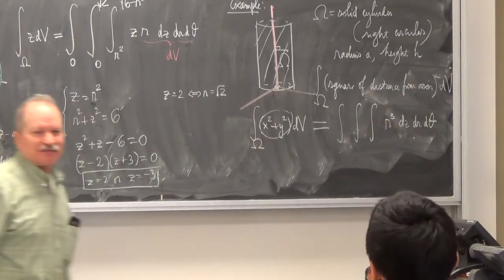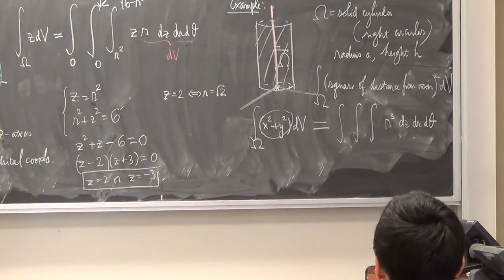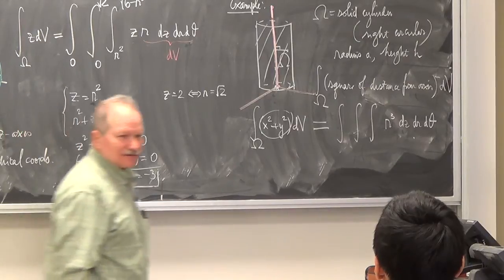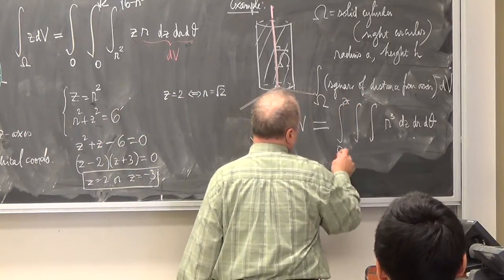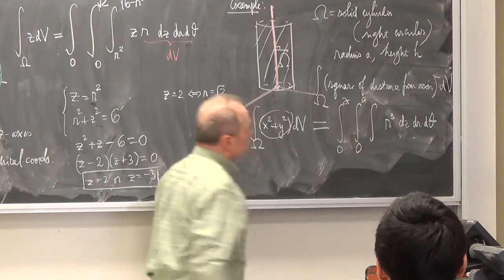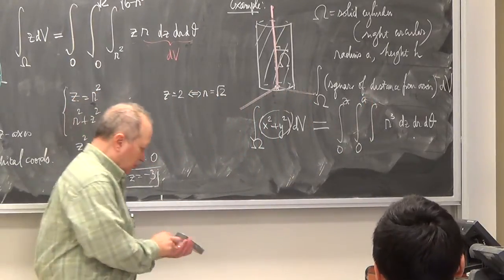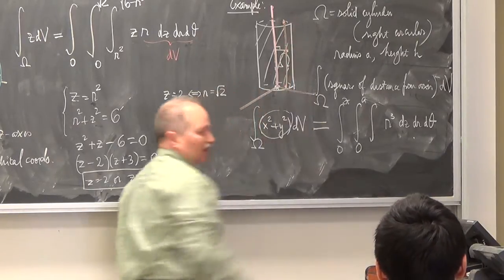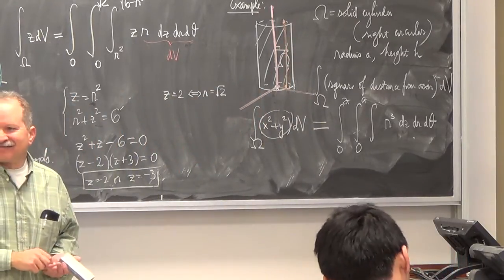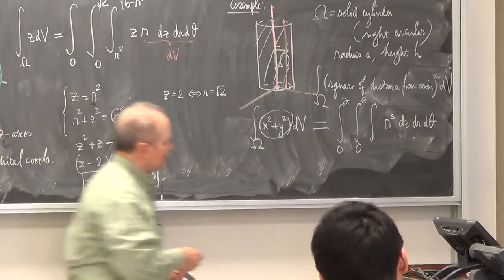Limits, please. Theta goes 0 to 2 pi, r goes 0 to a, z goes 0 to h.